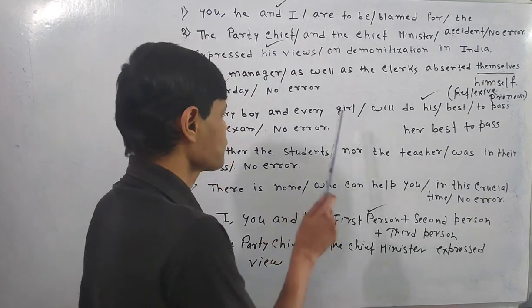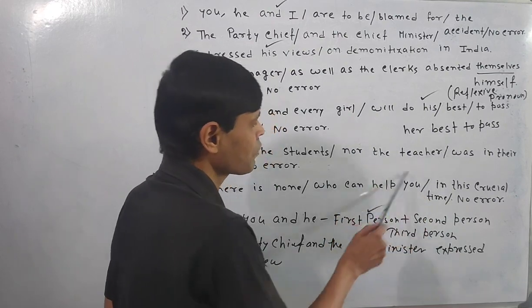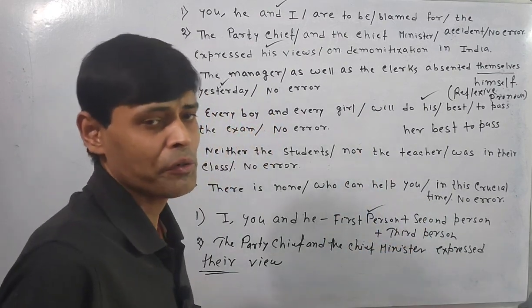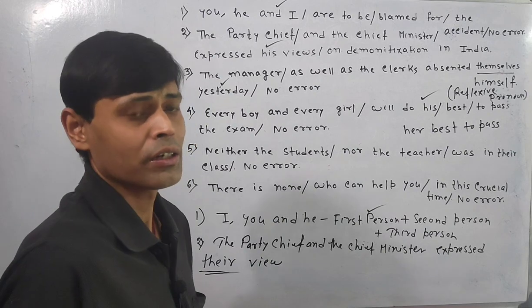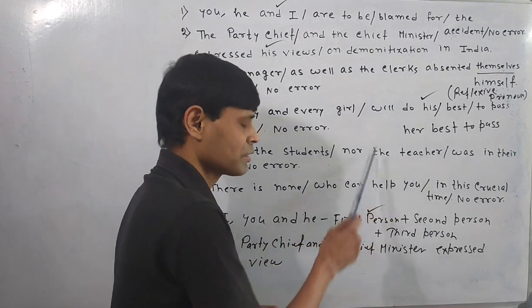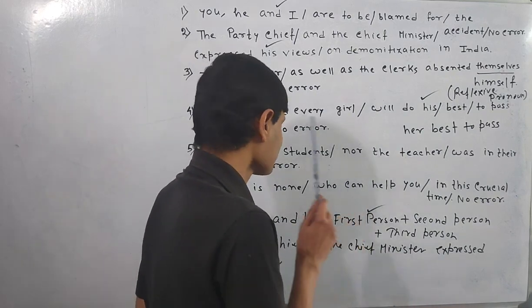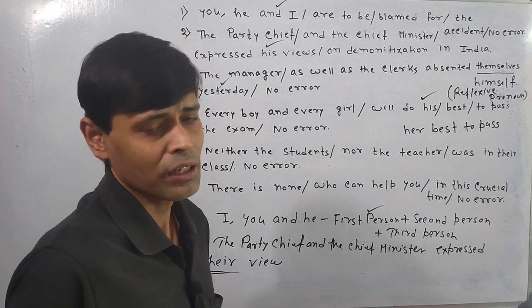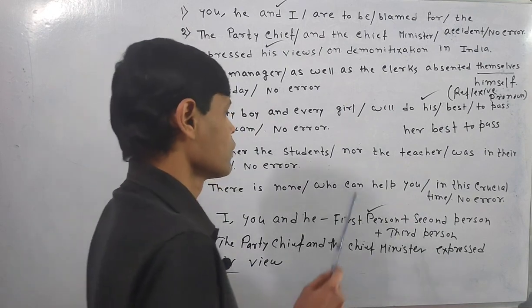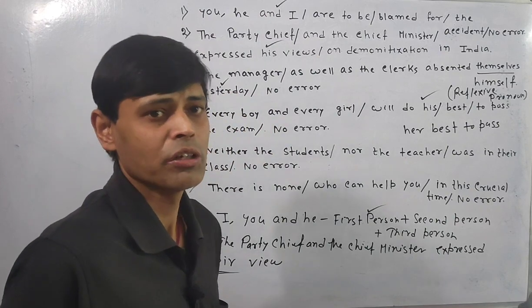So this is not the subject here, the subject is here. That means this part will be taken as the subject whenever we use neither nor, either or. If I say either the students or the teacher, the same rule will be applicable.